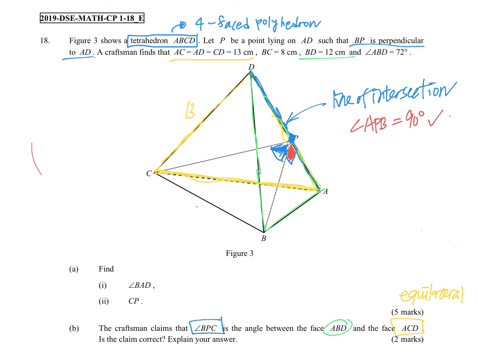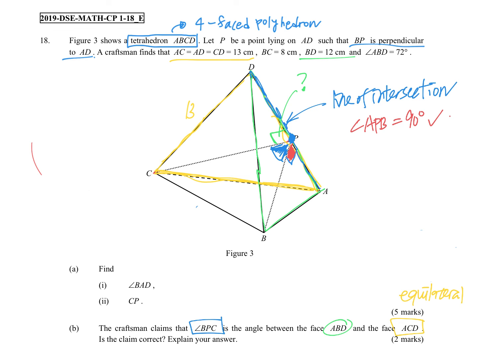So what's left here? If angle BPC is the angle we require, that means this angle has to be 90 degrees as well. So we want to know whether angle DPC or angle CPA equals 90 degrees or not.